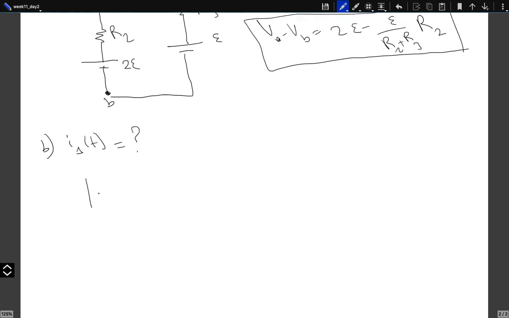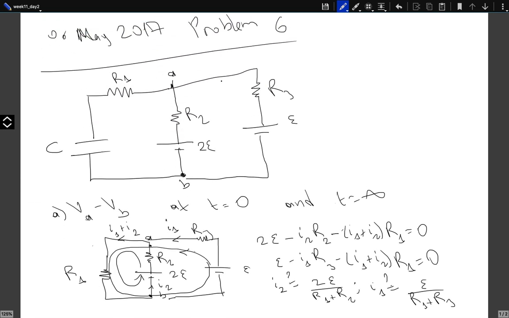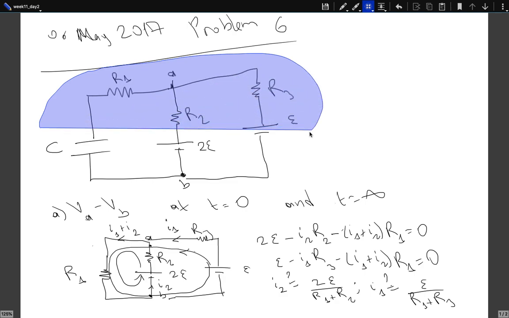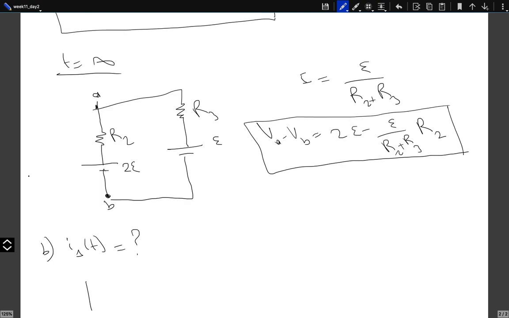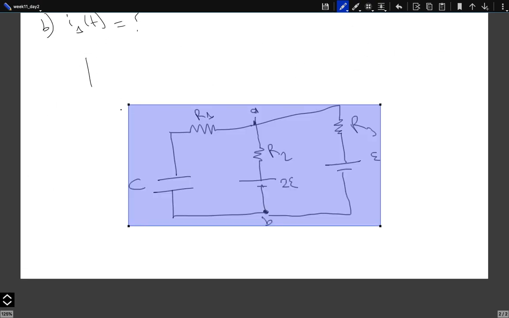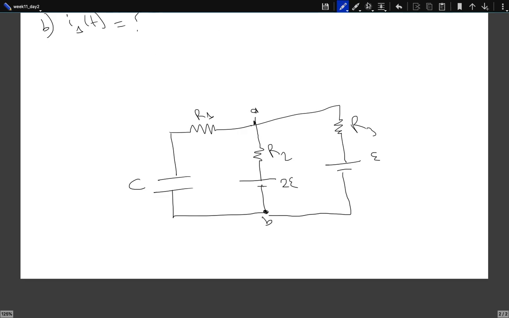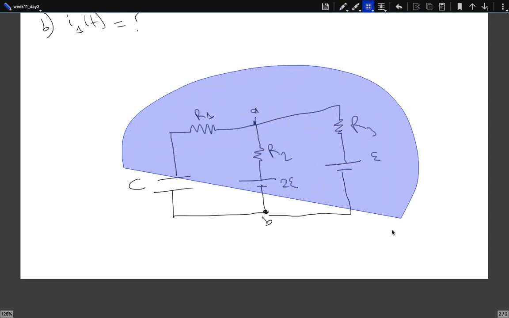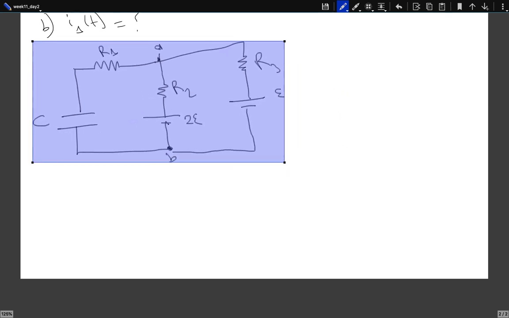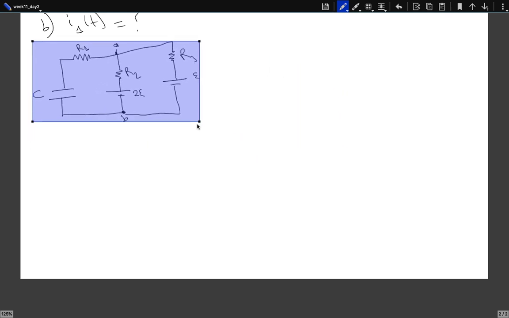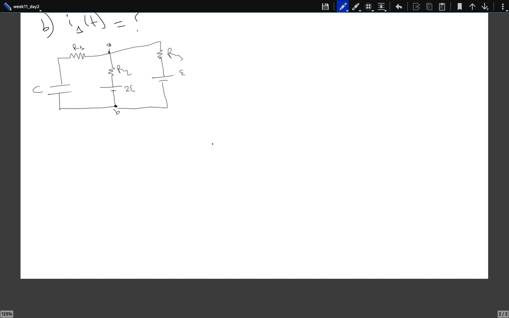So let me look at the circuit again. This is our circuit. So let's write the currents.